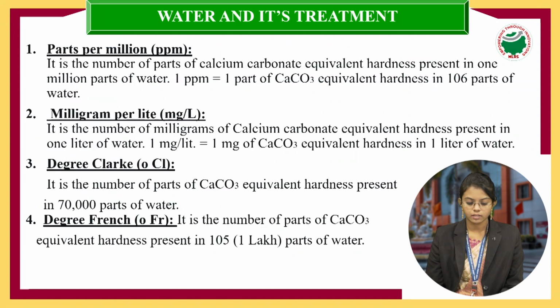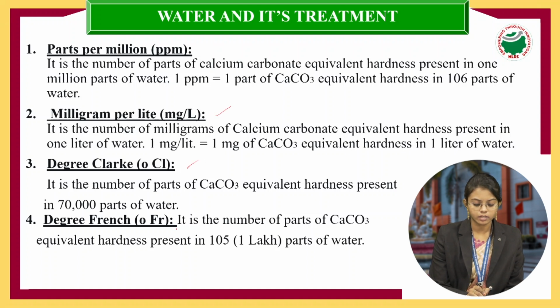degree of hardness. And the other units we have for the expression of hardness apart from the ppm, that is milligram per liter, degree Clarke, and also the degree French. So parts per million means what? It is the number of parts of calcium carbonate equivalent hardness present in 1 million parts of water.